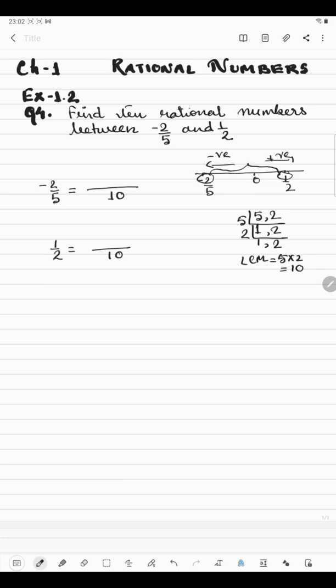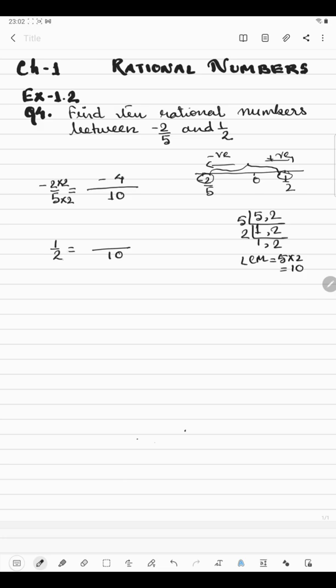Now what should be multiplied with this denominator 5 to get 10? It should be 2, because 5 2s are 10. Now the same number will be multiplied with the numerator. So here we will get minus 4 by 10.